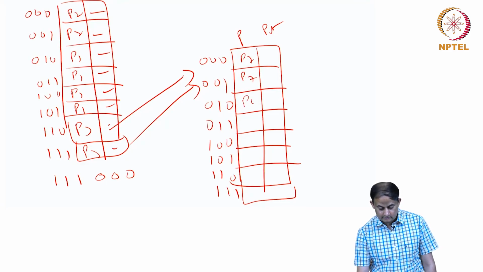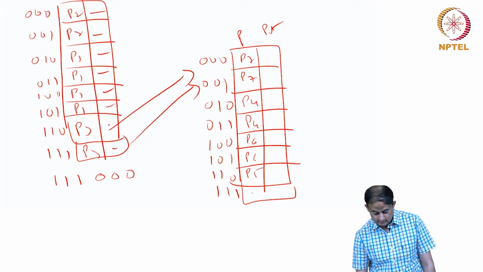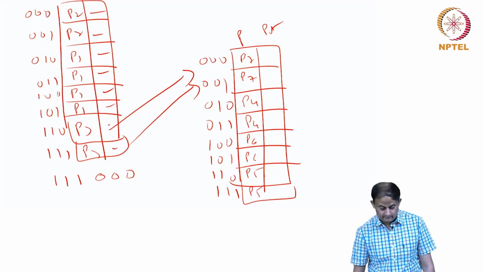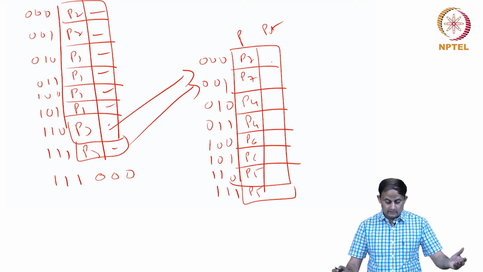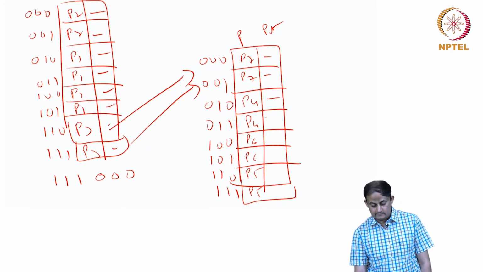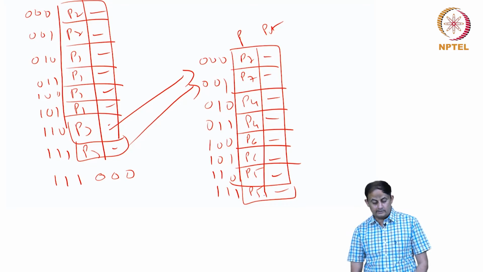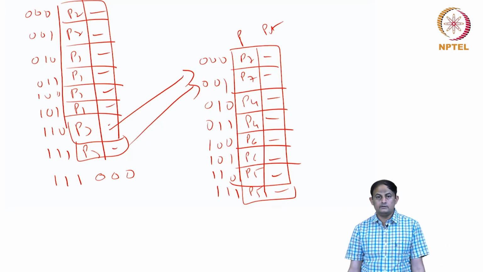Similarly, this is going to be P4, this is going to be P4, this is going to be P6, this is going to be P6, and this is going to be P5, and this is going to be P5. So, the longest prefix that we have got is of length 5. So, we are at the level 2 and 3 bits at a time. So, 6 bit cases are taken care of, and all of these pointers are having the null values.